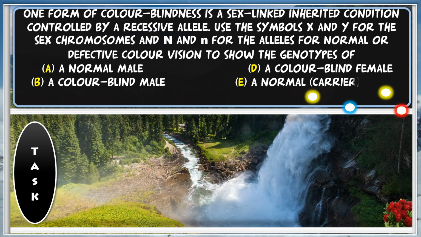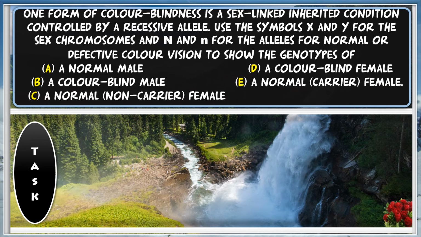Use the symbols X and Y for the sex chromosomes, and capital N and small n for the alleles for normal or defective color vision to show the genotype of Part A, a normal male; Part B, a colorblind male; Part C, a normal non-carrier female; Part D, a colorblind female; and Part E, a normal carrier female.